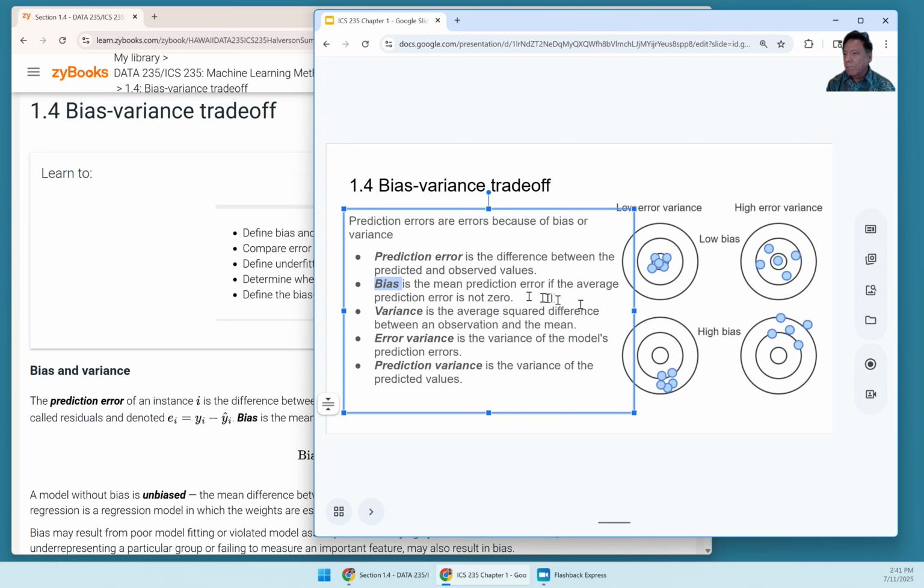There's a bias, and that's after you look at a bunch of predictions. Are the predictions biased to be more expensive, or is it not biased at all?